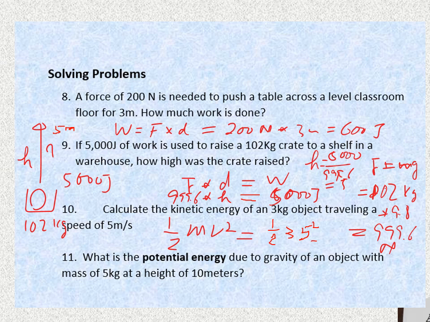So now give me a quick answer. 5 times 5, you're right, 25. And 25 times 3 is 75. 75 divided by 2, 37.5.